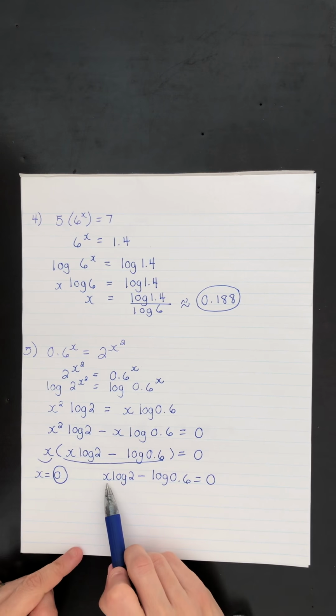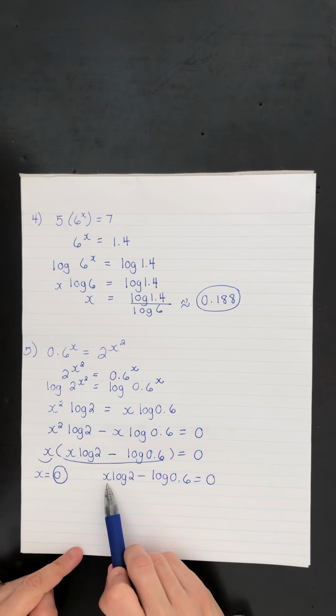But in solving for x here, we're going to first move this number to the other side. It will be positive. Then we'll divide by this number. And this gives us our second root. It's the log of 0.6 over the log of 2.